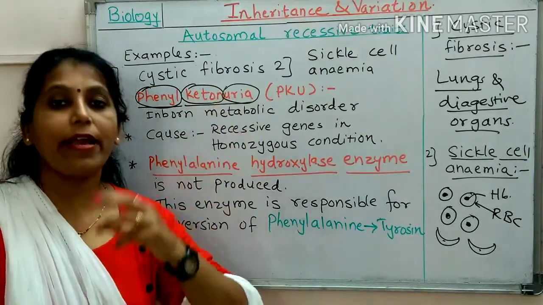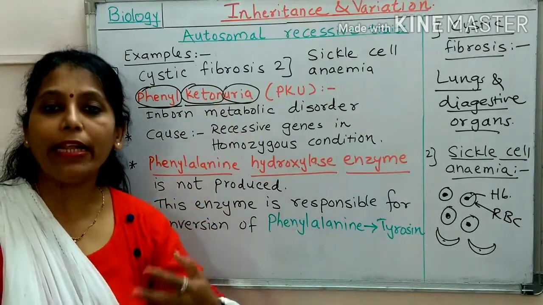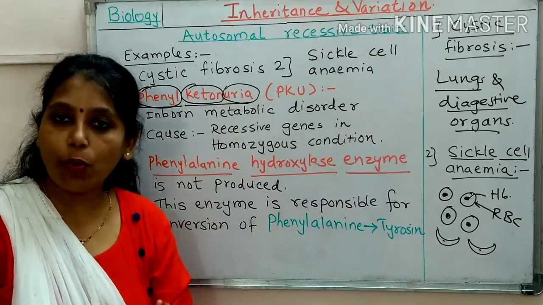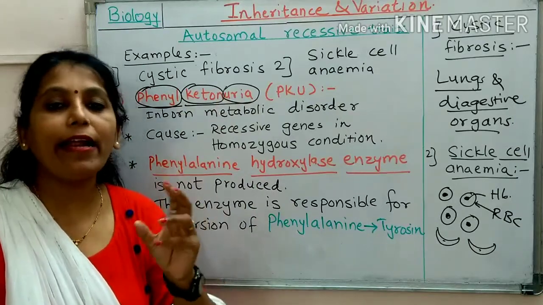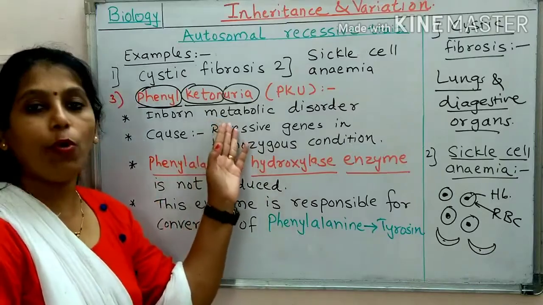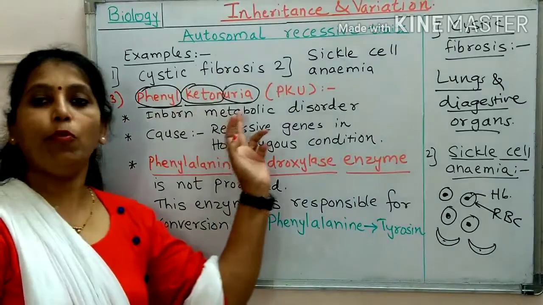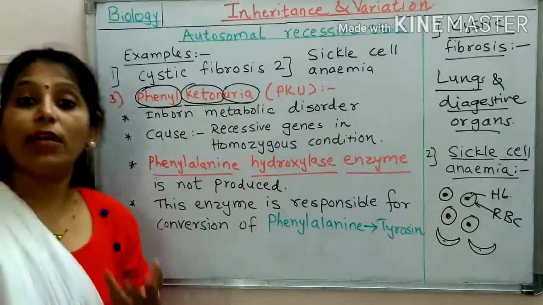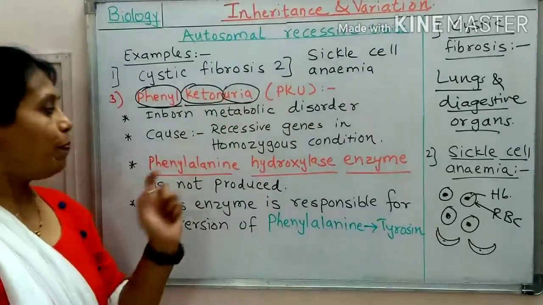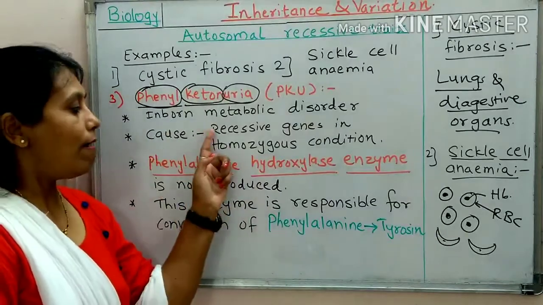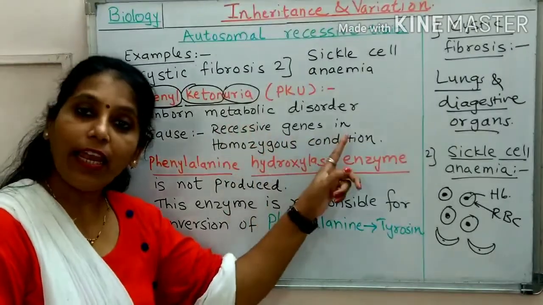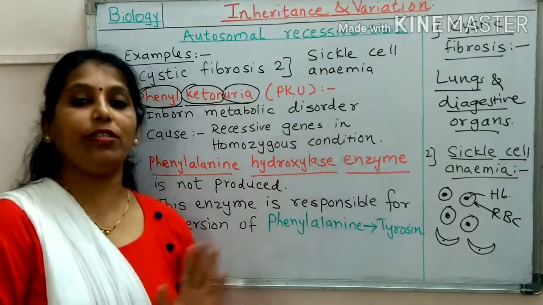Whatever chemical reactions are going on continuously is called metabolism. So it is related to metabolism only. That's why it is called an inborn metabolic disorder. What is the cause of PKU? It is due to a recessive gene in homozygous condition.